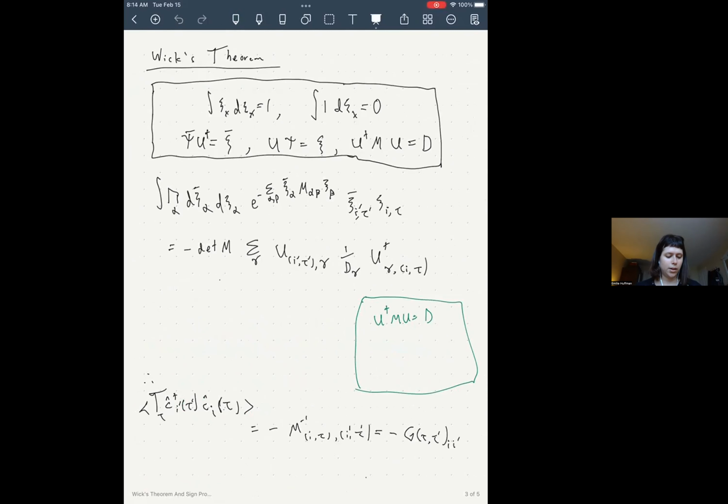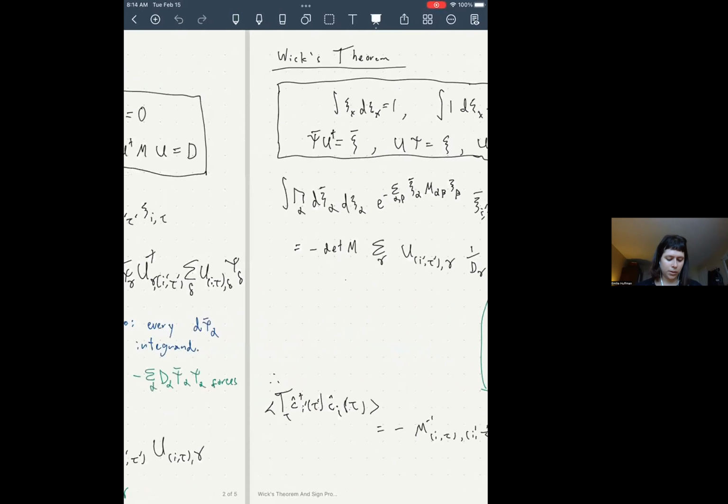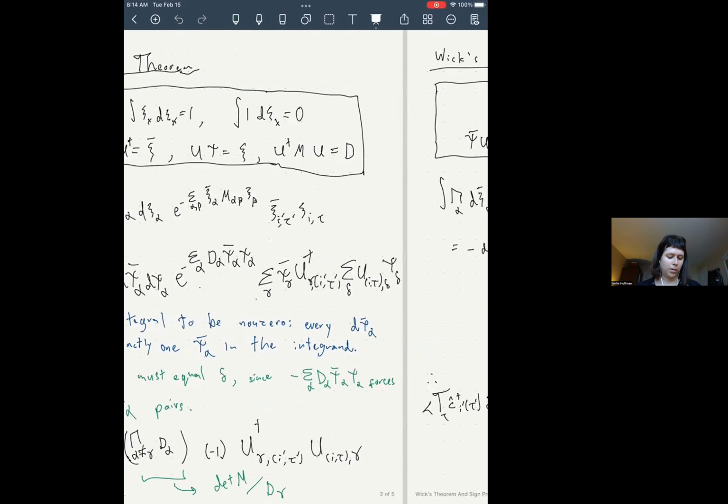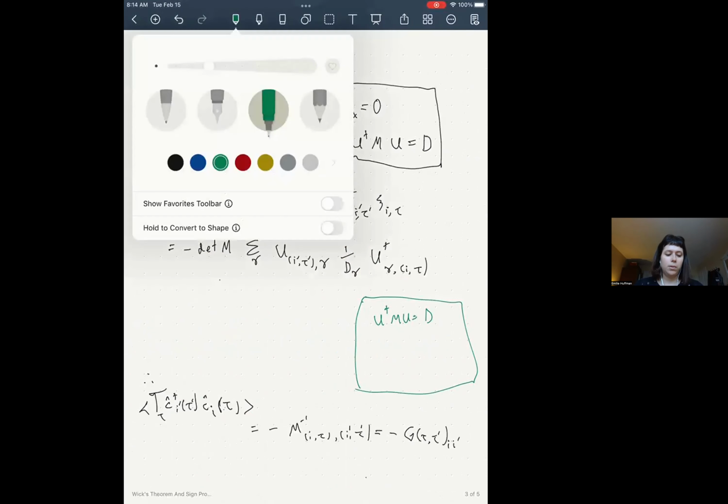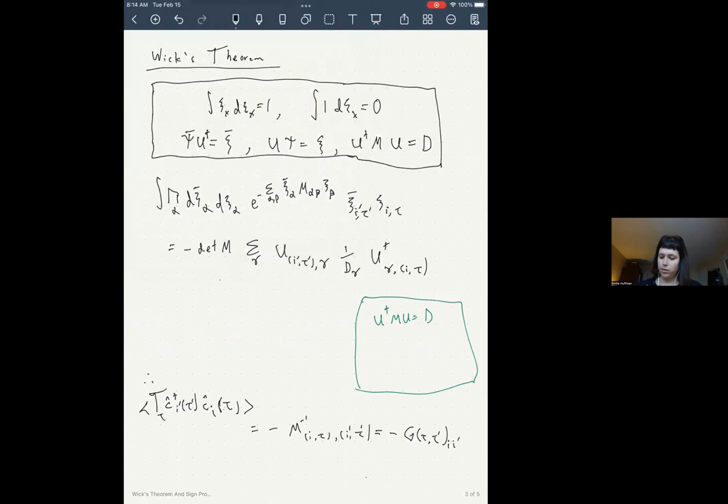Okay, so like I said, we had that negative sign from before. We have the determinant of m. We have that 1 over d. And I went ahead and moved the sum over here with the two u's. And if you see, what we have at this point is indeed a matrix multiplication, basically. And so what we have is the determinant of m again.